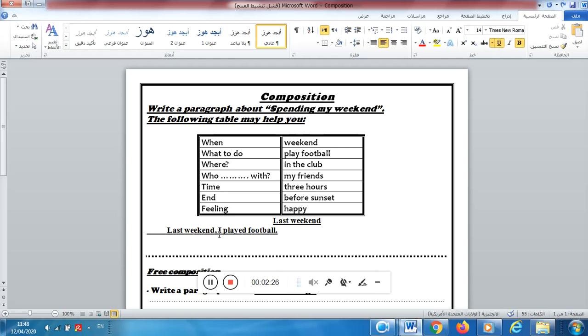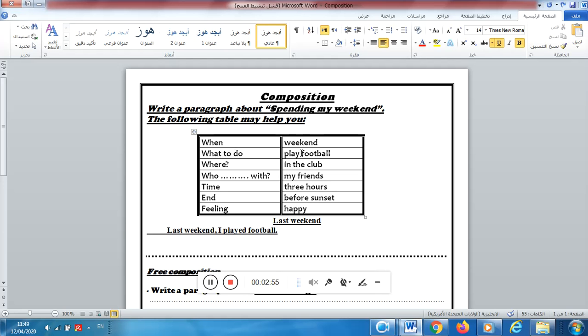Naturally, the sentence starts with the subject, but because you make this adverbial phrase precede it, you use a comma just after the adverbial phrase and before the subject. Last weekend, I played football. Okay, all right. Now what to do?